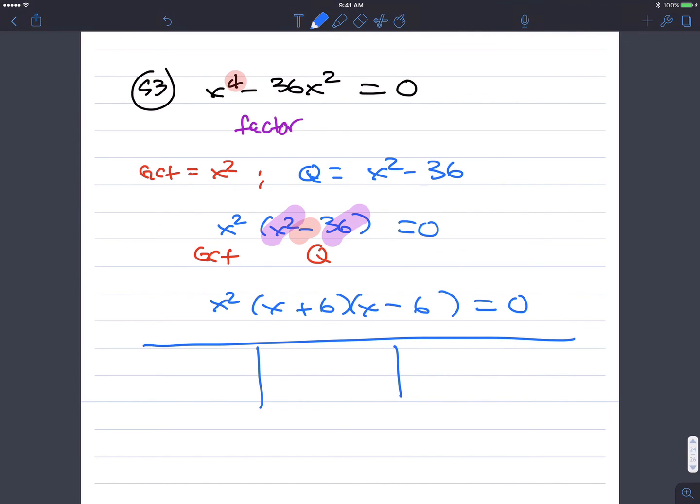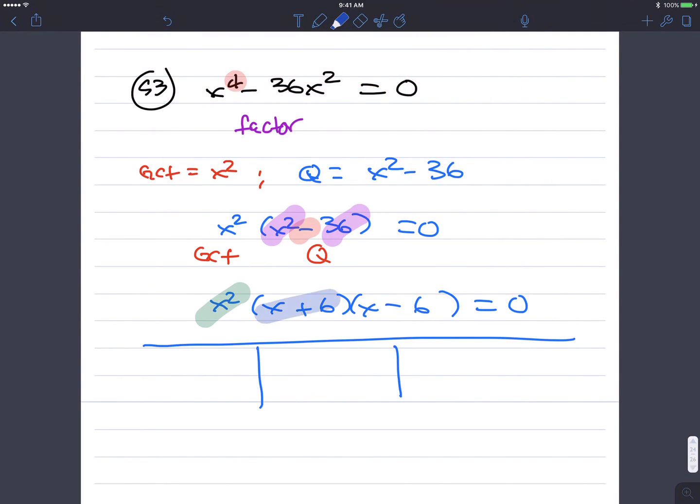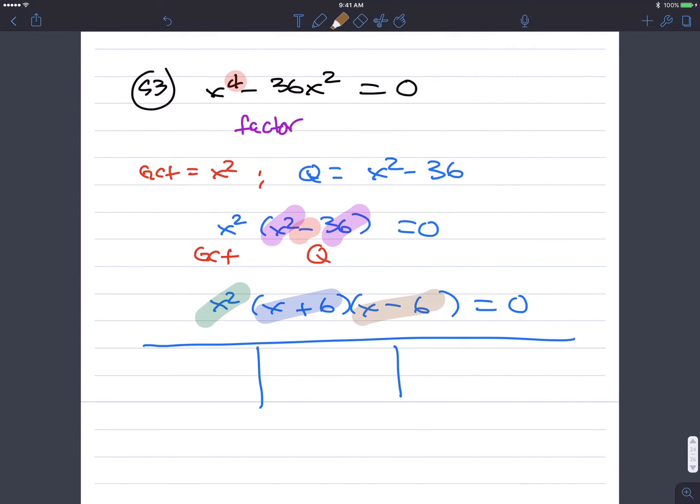Again, I get the 3 terms. I get my x squared, my x plus 6, and my x minus 6.